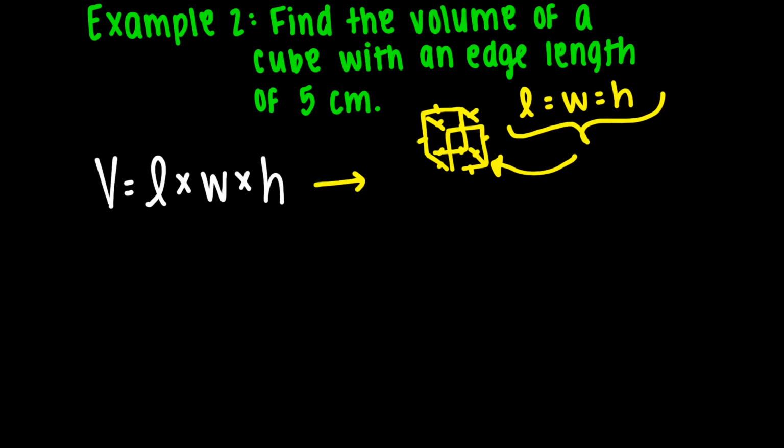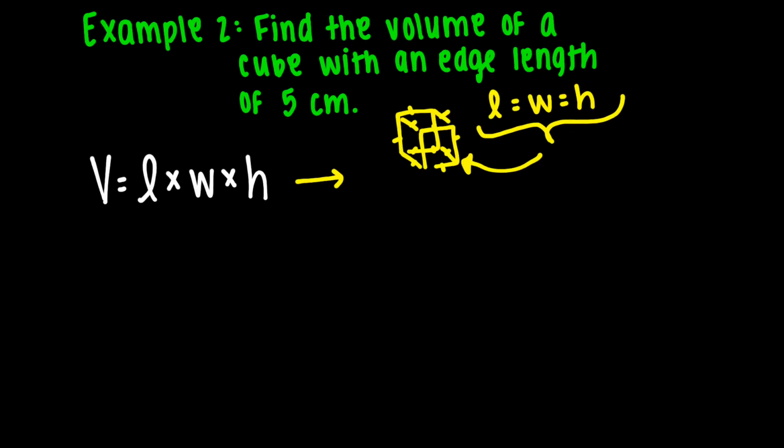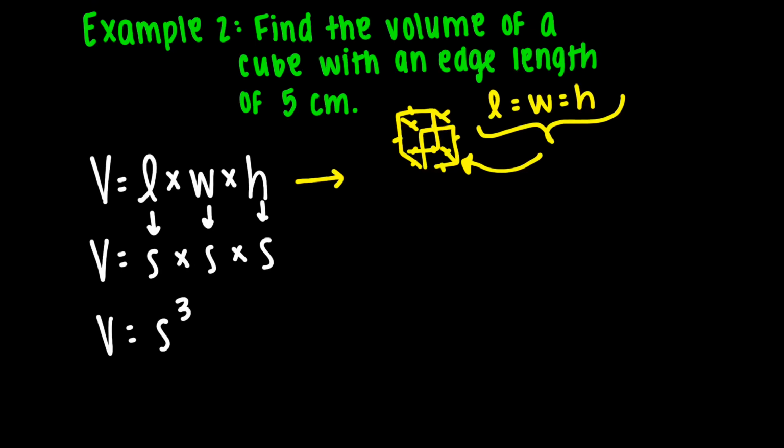So I can write it as length times width times height, but I can also replace all of these with S's because they stand for side length. So S times S times S, or if you want, you can write it as S cubed. That's S multiplied by itself 3 times.